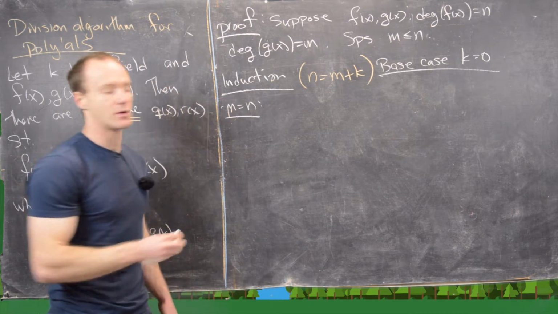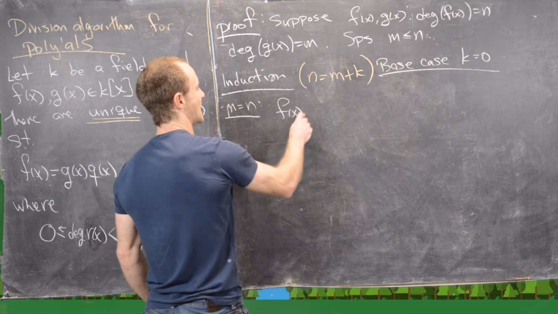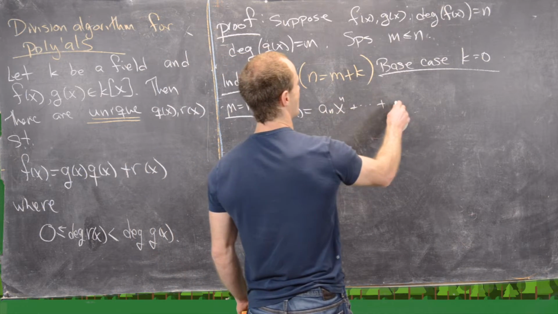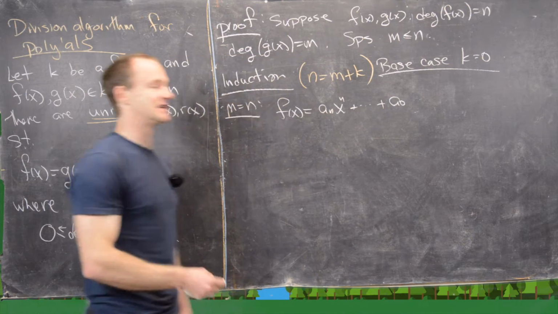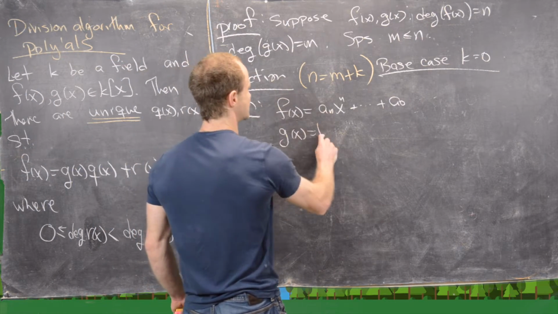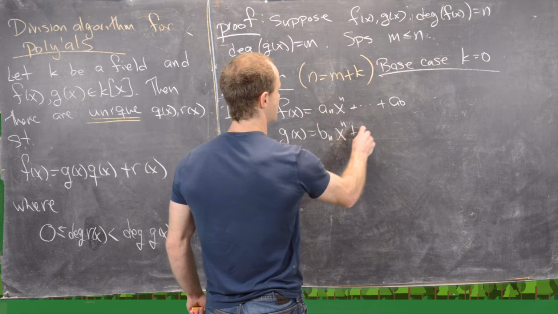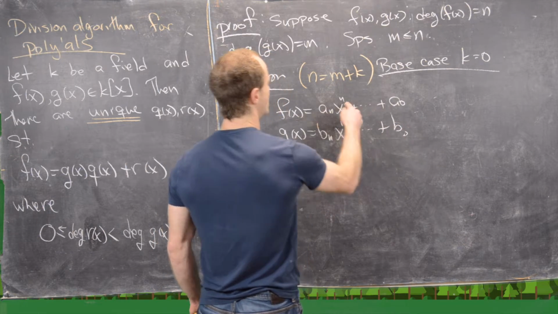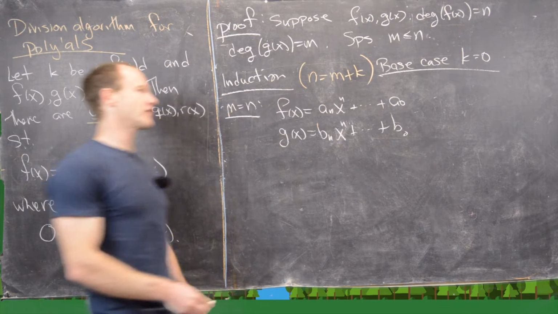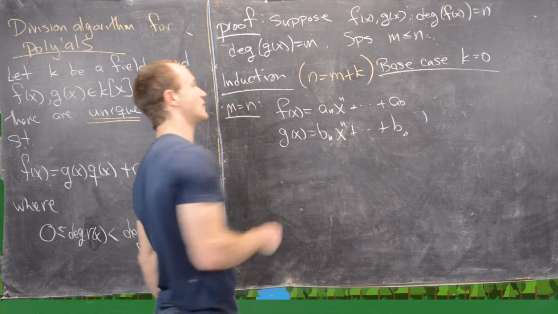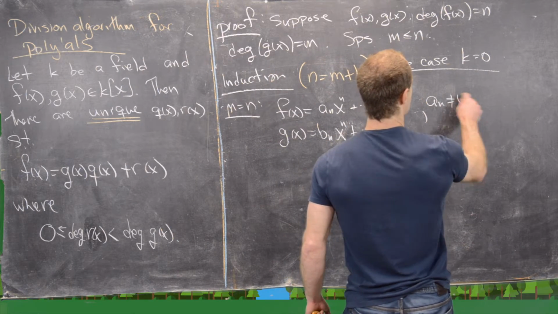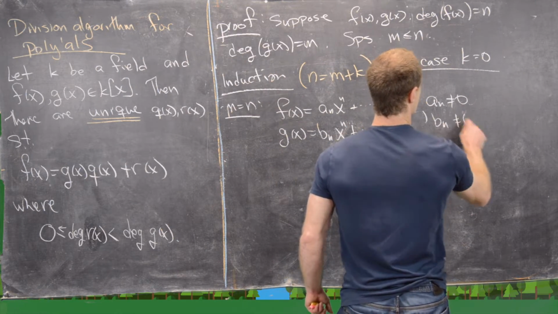Okay, good. So in other words, we can write f of x as a_n x to the n plus all the way down to a_0, and g of x is equal to b_n x to the n all the way down to b_0. We know they have the same degree, so we can use the same index there. And furthermore, since they have that degree of n, we know that the leading terms cannot be 0.